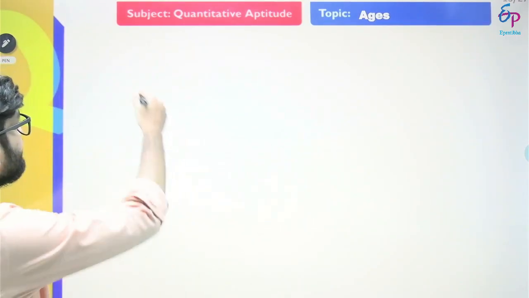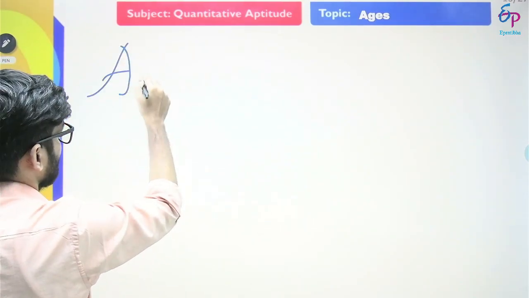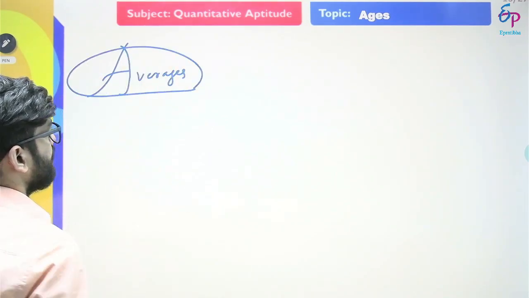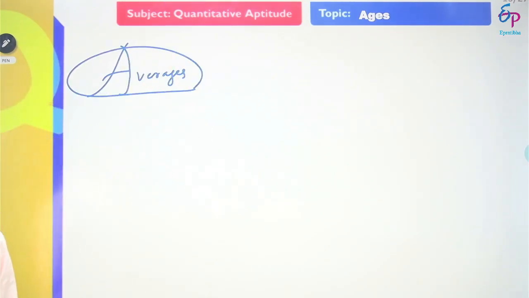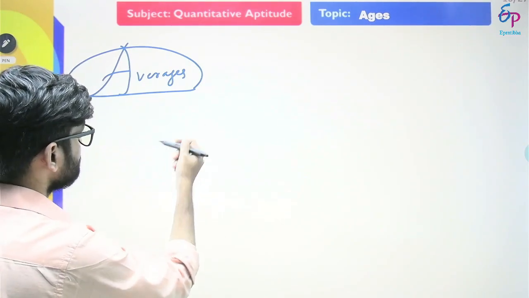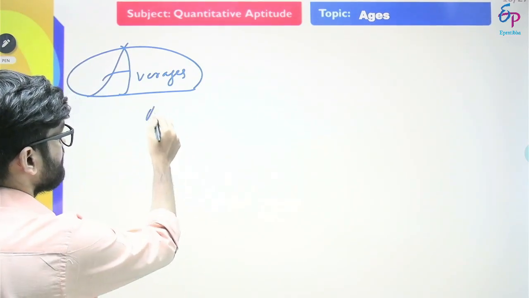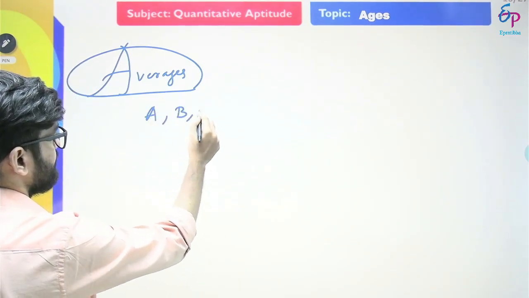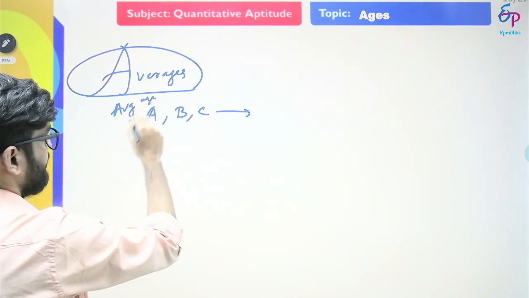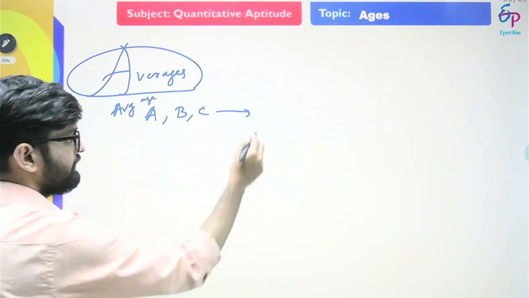Let's move to averages. Averages, if I tell you, just give me 1 minute. The average age of A, B and C is 30 years.